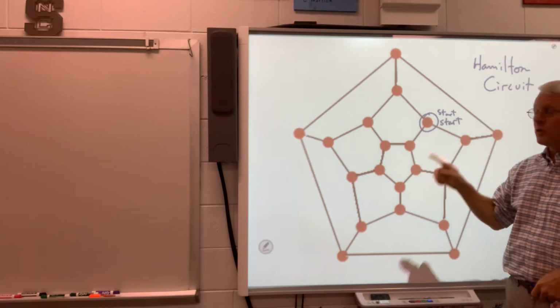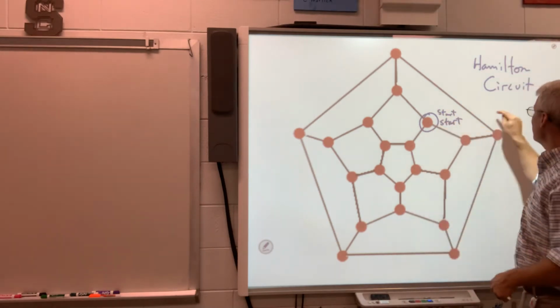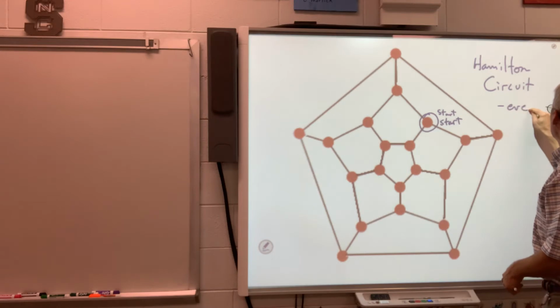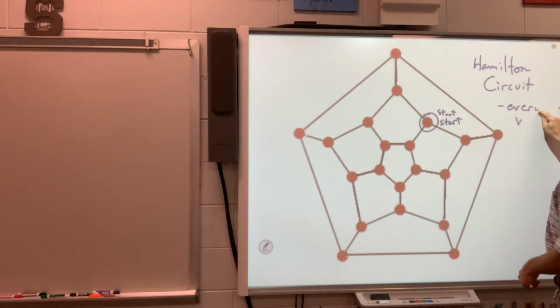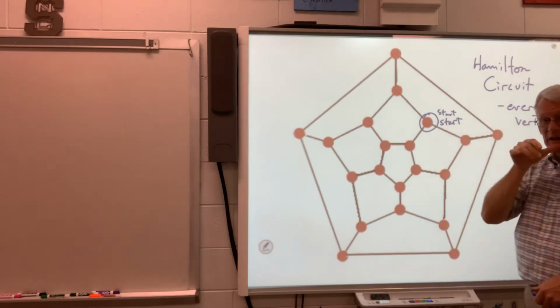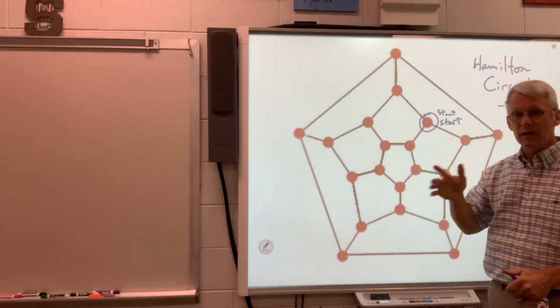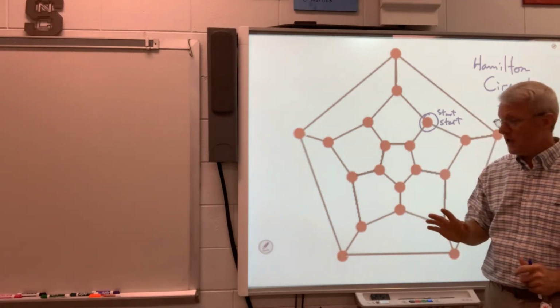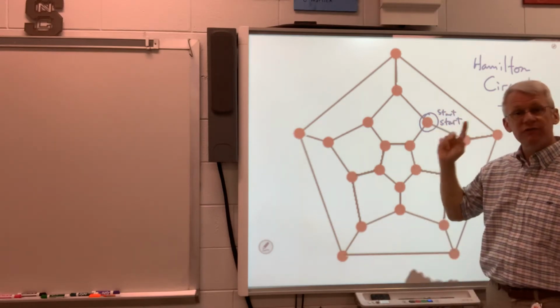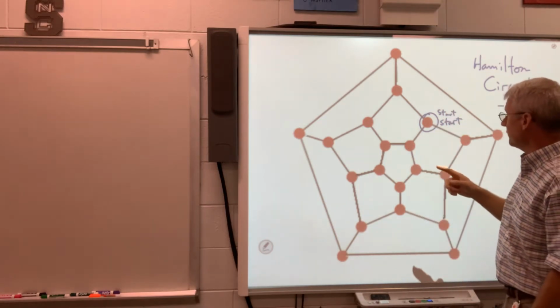I'm going to go through every vertex. Before, we had to go through every edge, every line. I'm not doing that this time. I'm only going through the vertices, just the vertices.